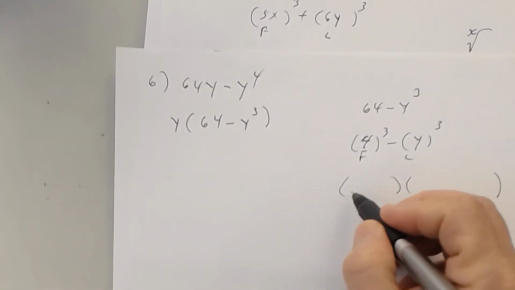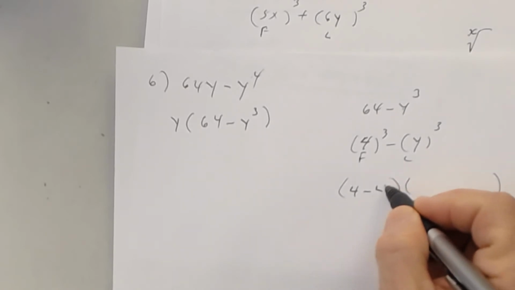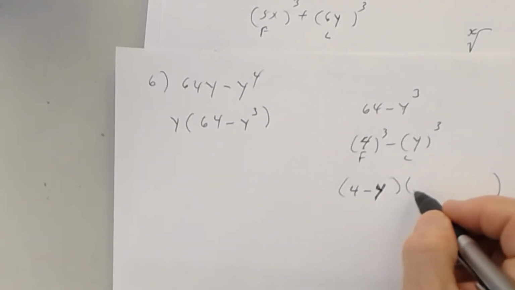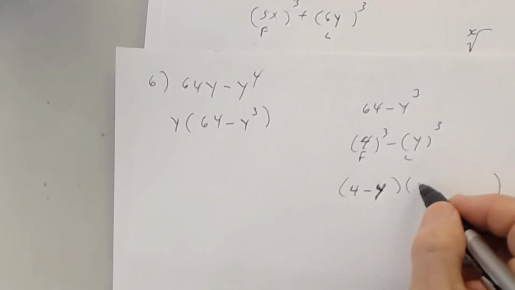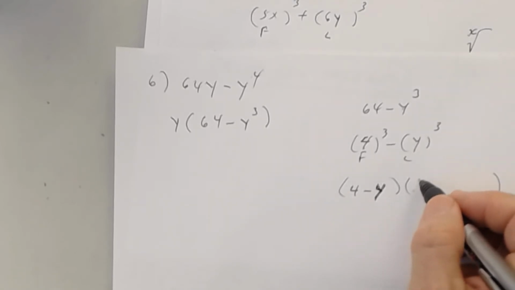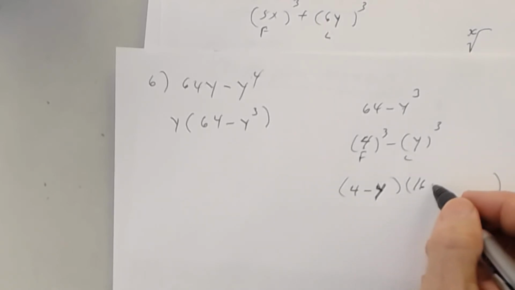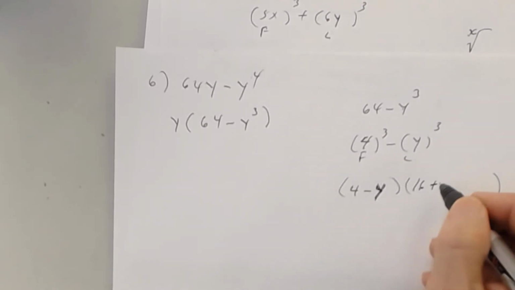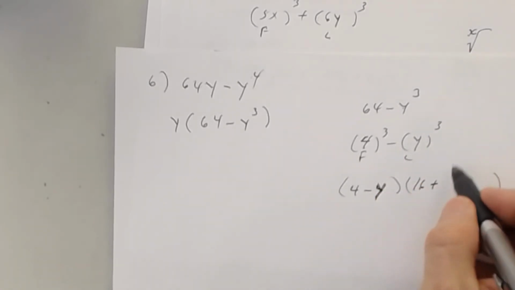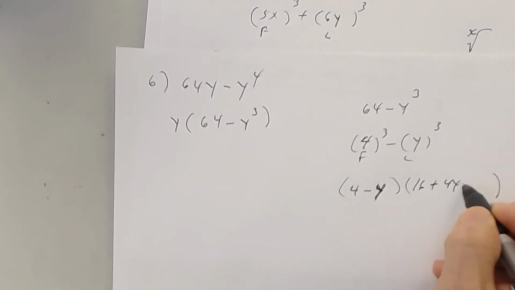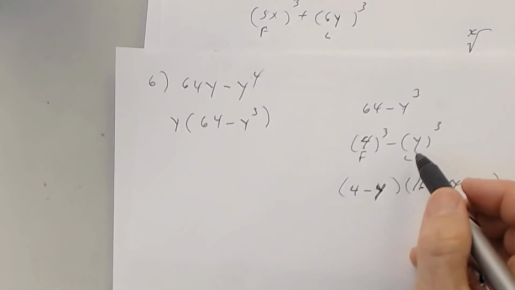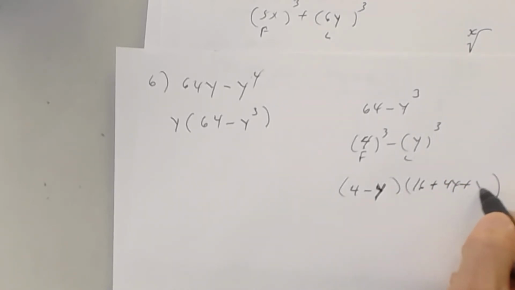What's the binomial? 4 minus y. Good. What's the trinomial? What's the first term I'm going to write? 16, because 4 times 4 is 16. Plus or minus? Plus the product. And what's the product of F and L? 4y. Good. And then plus the last times itself, y squared.